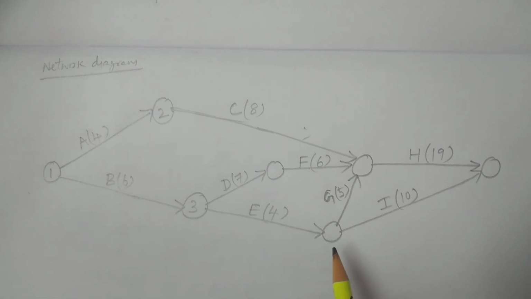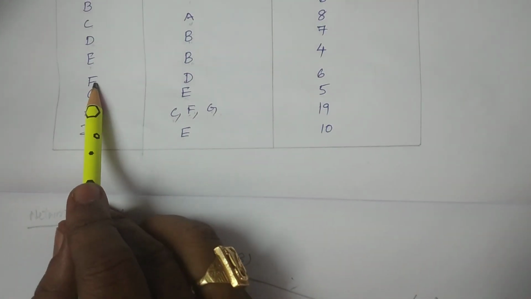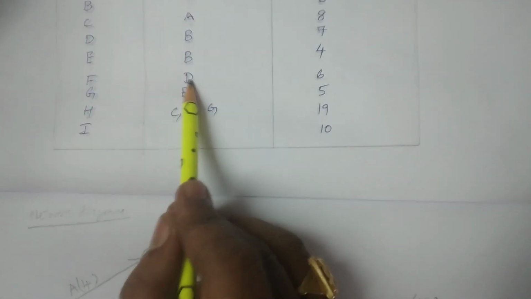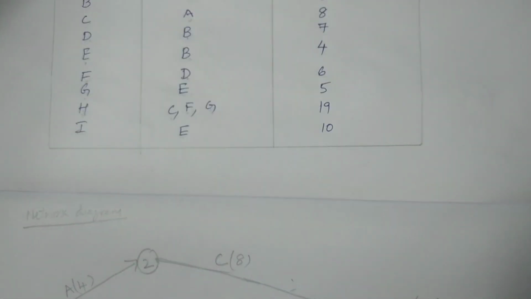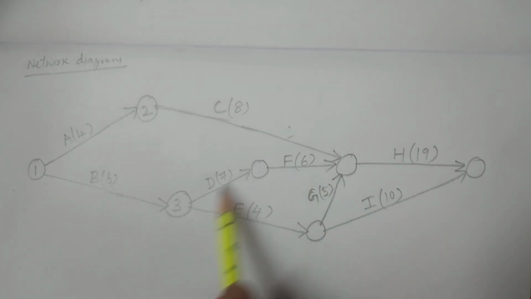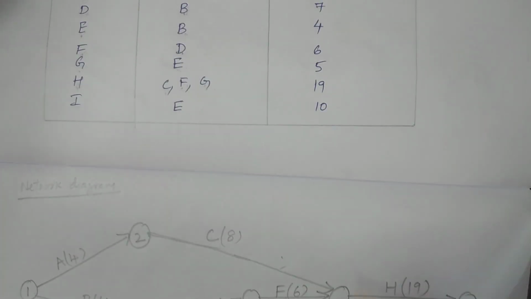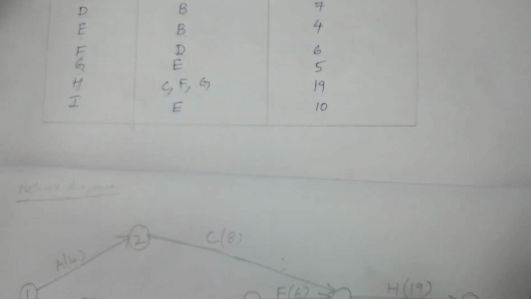And then we have to consider before starting the activity F, you have to finish D, and before G, E should be finished. Before starting the activity G, E should be finished.